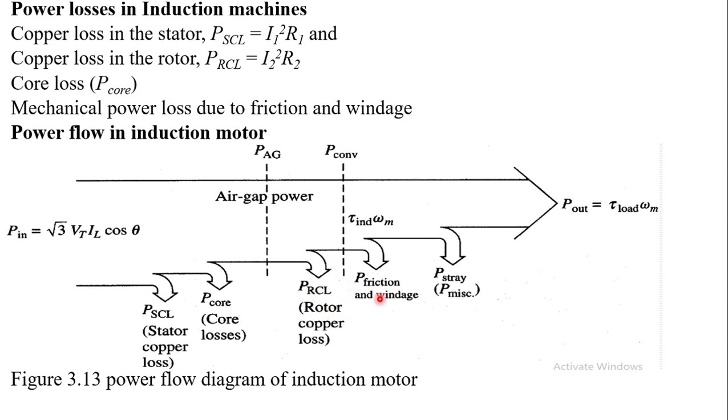Here is friction plus windage loss. Here is induced torque multiplied by speed, which is the mechanical power converted in the motor. Here is stray loss, and here is the output power, which is load torque multiplied by motor speed, the total output power derived from the motor. So this is the general power flow diagram of an induction motor.